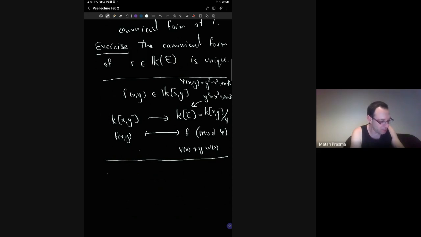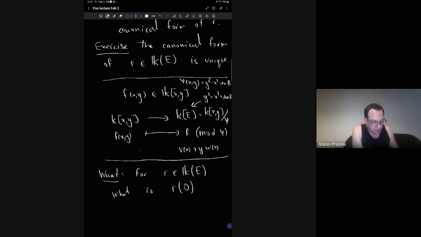So for a rational function R on the elliptic curve, what is R evaluated at the point at infinity?